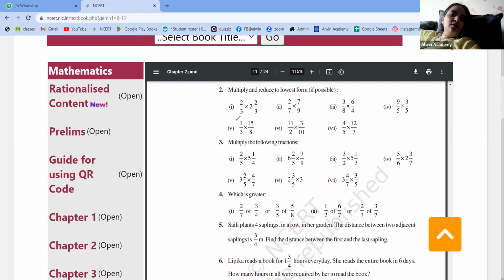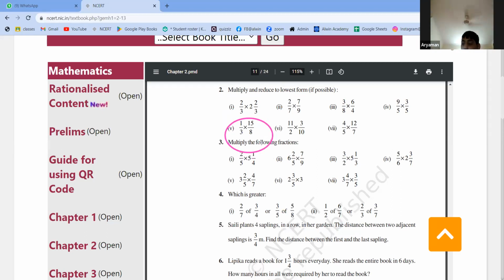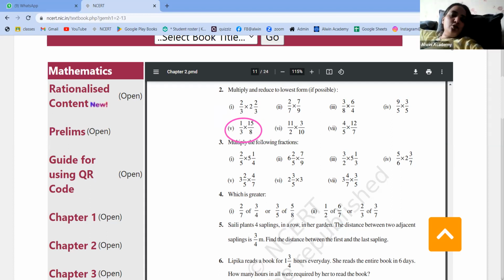Ariman, beta, have you solved this fifth part only? Yes, ma'am. I got it wrong. This is what I asked you to solve. Which part had you solved?